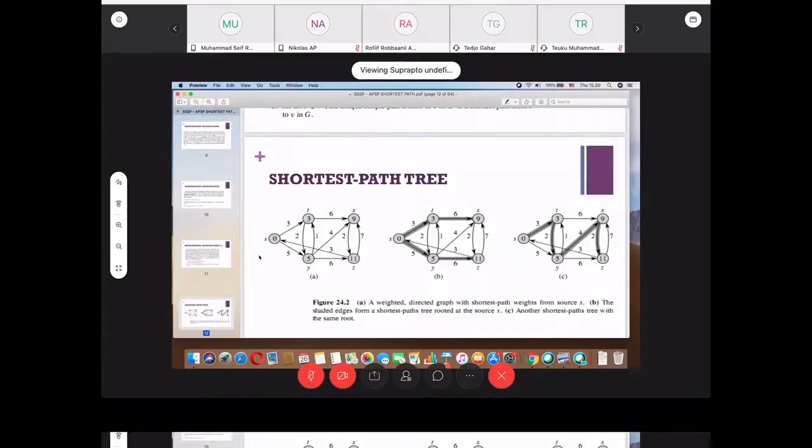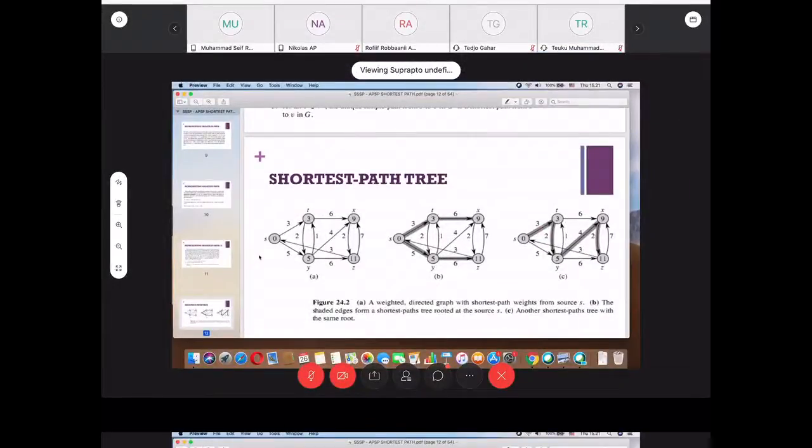And it's very clear that there is no negative weight edge, so we don't have to worry about a negative weight cycle in this graph. And of course there is a shortest path solution for this graph, because it's very sure that there is no negative weight cycle.